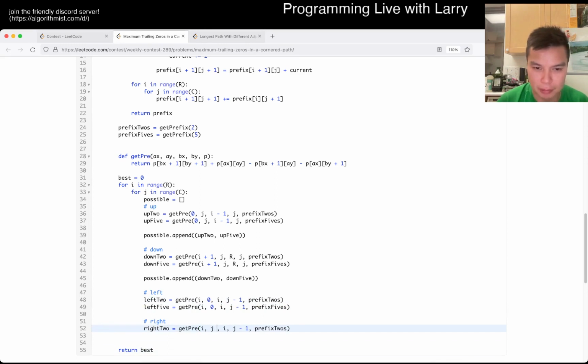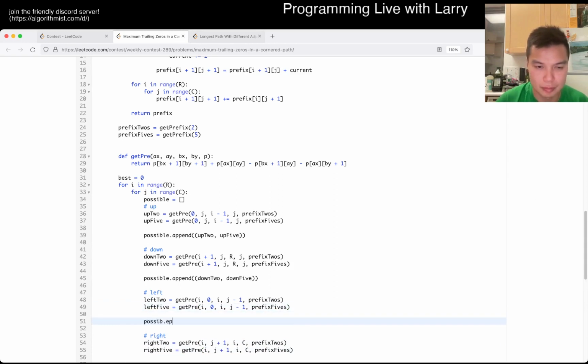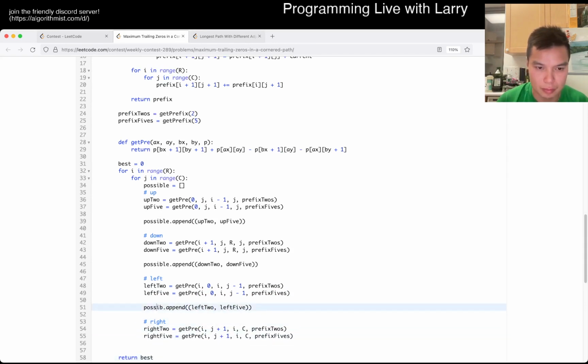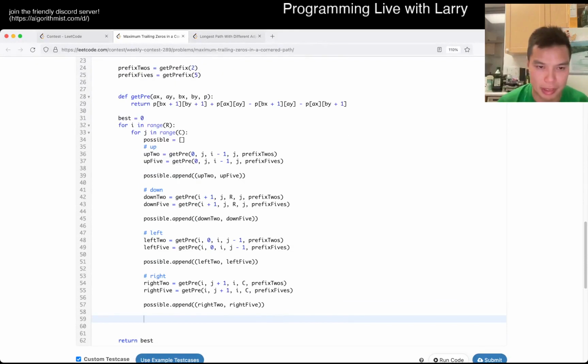So now we start I+1, and then this is to C. And there might be performance ramifications as a result. And then current.